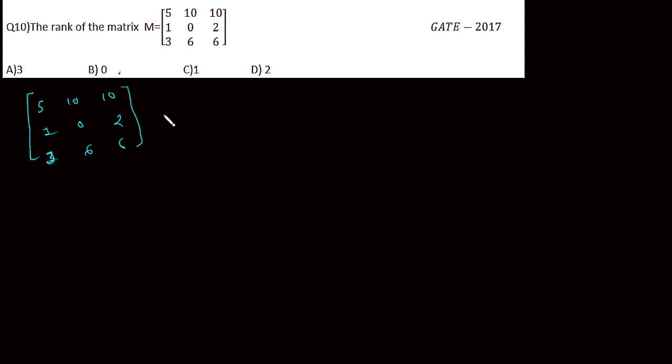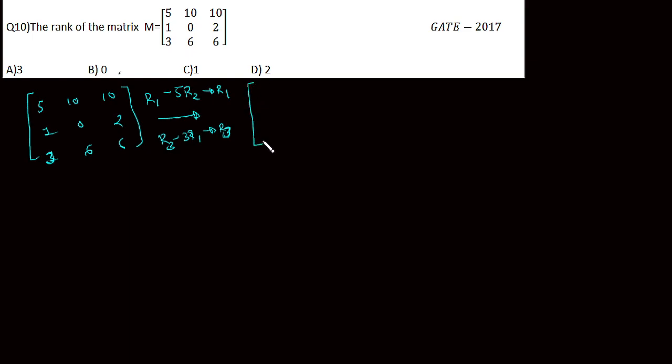What we are first going to apply is to subtract this row 5 times from the first row. So R1 minus 5R2 becomes new R1, and let's subtract 3 times the second row from the third row. So R3 minus 3 times R2 will give new R3.